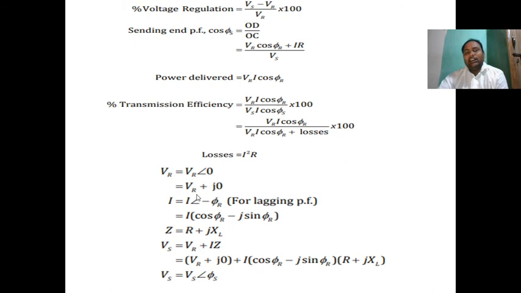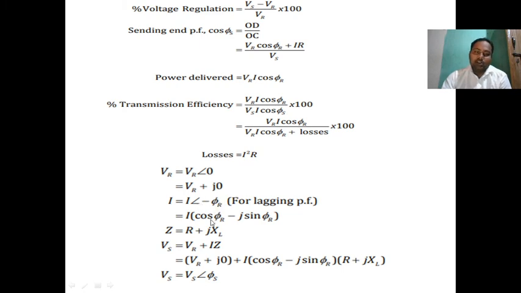Now the vector diagram representation. Please see, Vr is equal to Vr at an angle 0, so Vr is the reference quantity. In the vector diagram, Vr plus j0. The current I is lagging, so I is equal to I at an angle minus phi r.